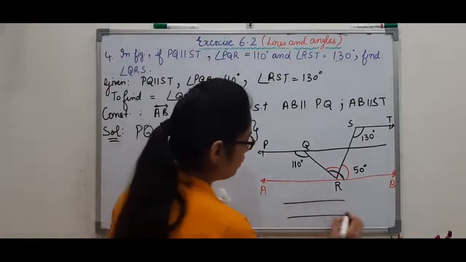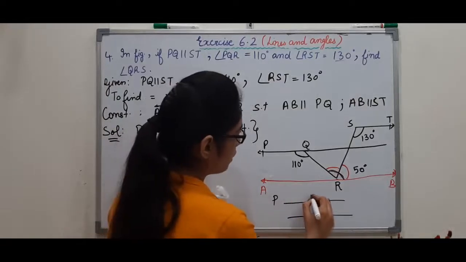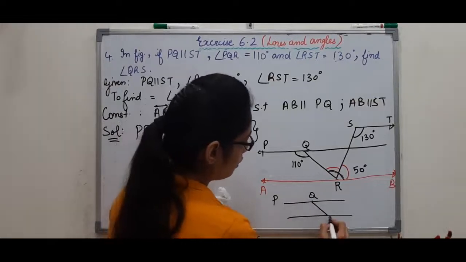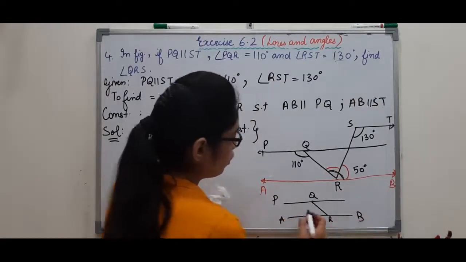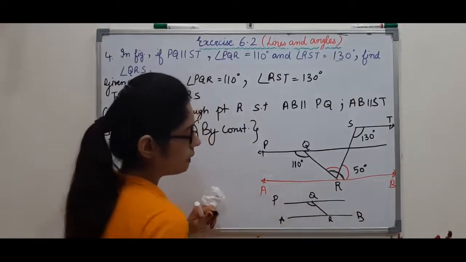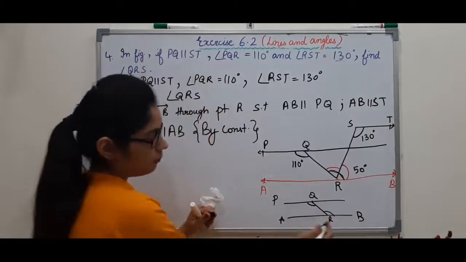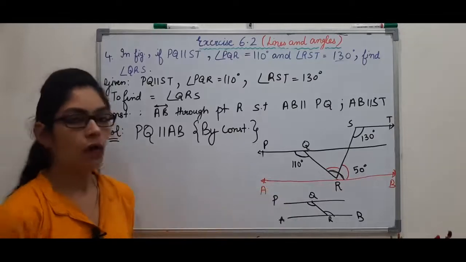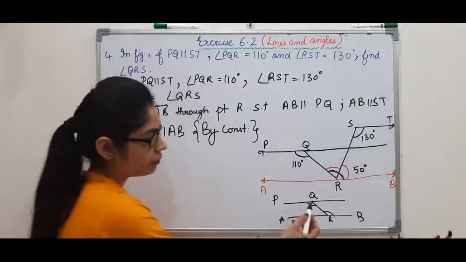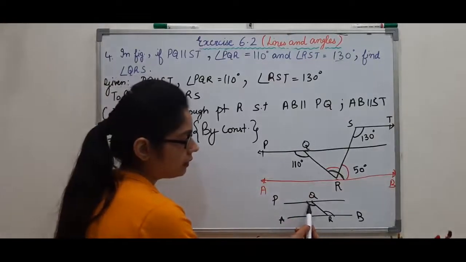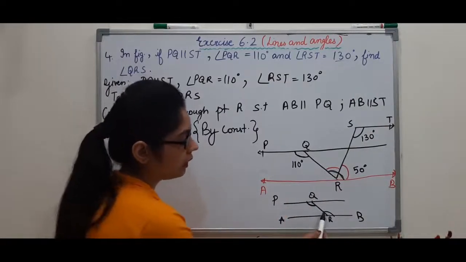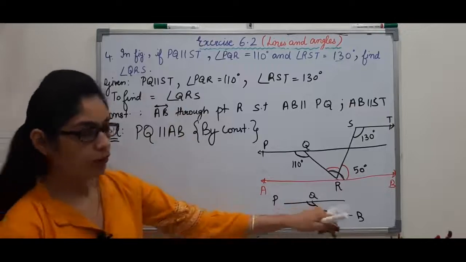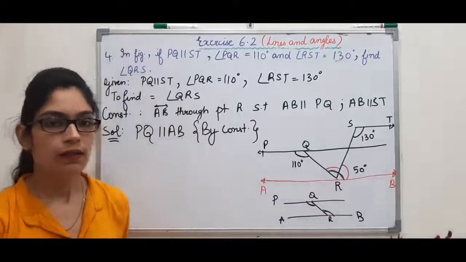I'll just draw here. This is PQ, this is the transversal QR and this is AB. I am talking about this angle PQR and QRB. These two angles are on the inner side of the parallel lines, and they are on opposite sides of the transversal. This angle is on the left side of the transversal and this one on the right side. So these two angles make a pair of alternate interior angles.